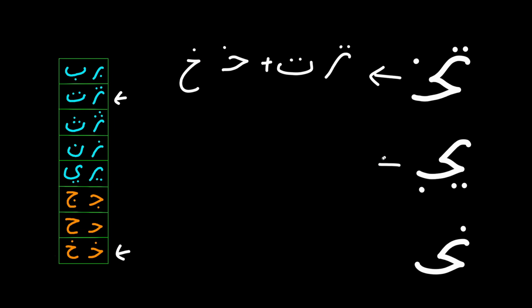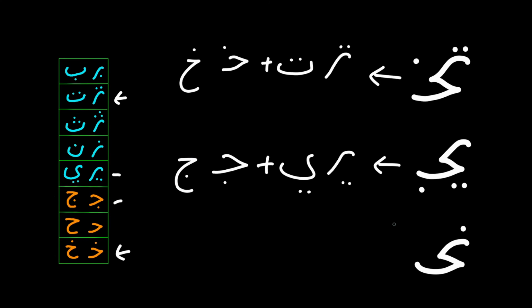Next example, we have the first top letter and the right dots this time are at the bottom, and that looks like it should be ya. And then my bottom letter and left dot is at the bottom. So bottom letter is this shape, left dot at the bottom, and it looks like it should be jim.